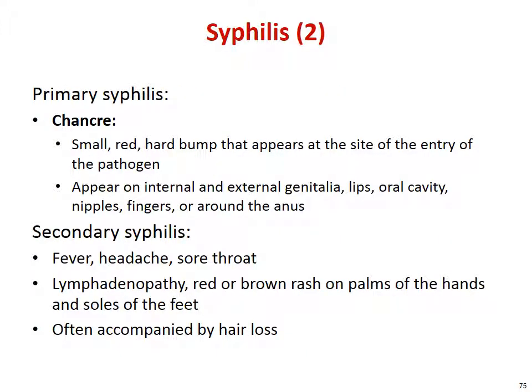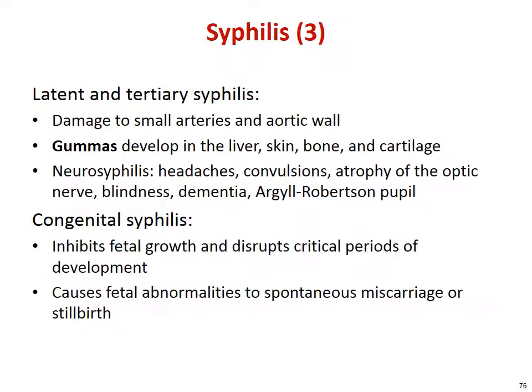So the initial infection, again, they would refer to as being primary syphilis. That's often marked by having what's known as a canker, or this red hard bump that appears where the spirochete enters. But the concern was then whenever it spread in what's known as secondary syphilis. And the idea is now it's trying to move about throughout the body. So we see a rash develop often and potentially even hair loss.